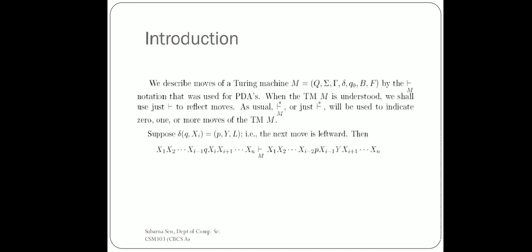The position of xi has been changed to y, and since it has to move leftward, now the position of p will be one place before where the q was, so that will be just before xi minus 1. So the changed representation will be x1 x2 up to xi minus 2, then p, then xi minus 1, then at the place of xi, y has been written, or xi has been replaced with y, and the rest will follow as it is. This is the way we are going to represent the transitions.